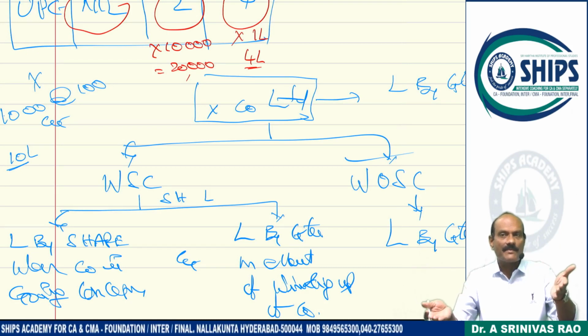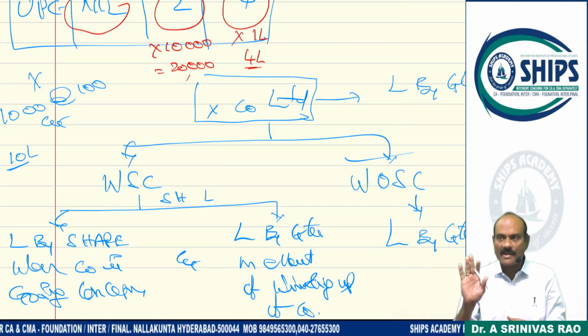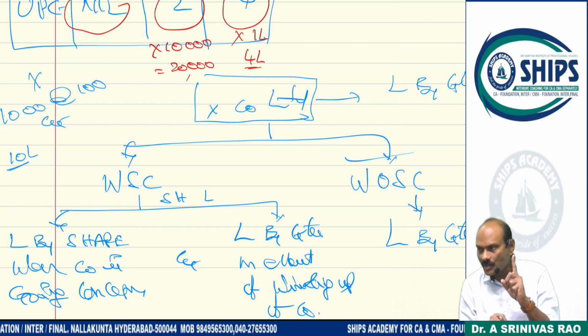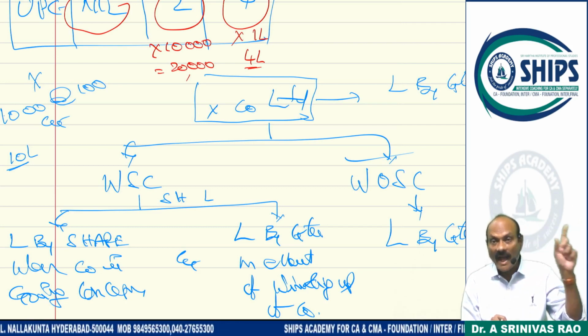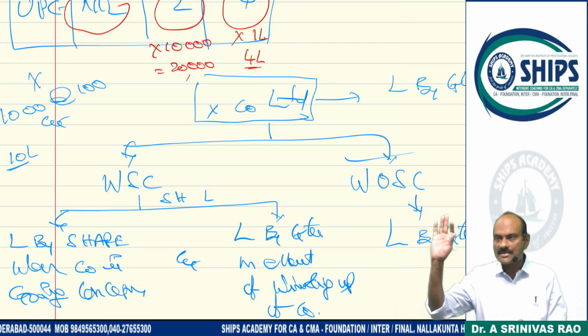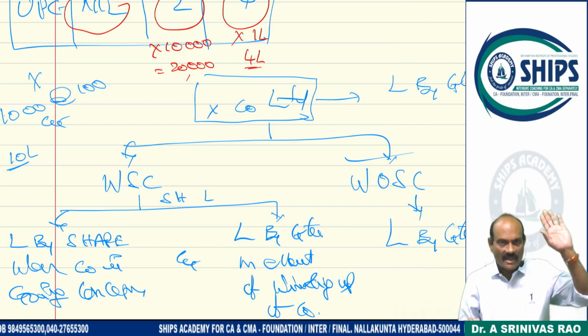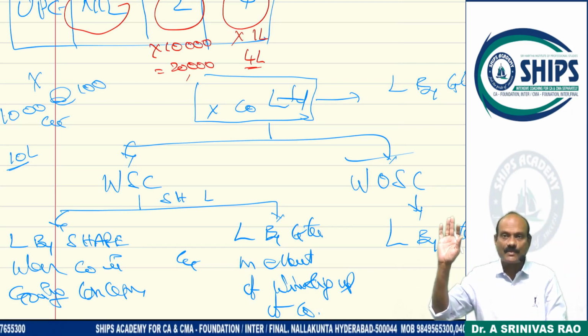When you become a member, first you have to acquire the shares. X said, I will take up 1000 shares, each share 100 rupees, so 1 lakh rupees I have to pay, limited by share. And he said, if any liability arises, I will give 10 lakhs also. So what is his commitment? First of all, the share capital he has to pay plus the guaranteed amount he has to pay.